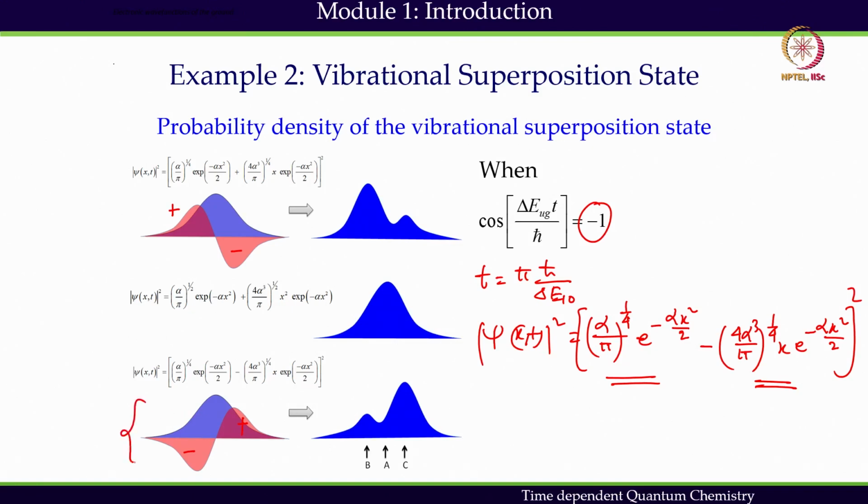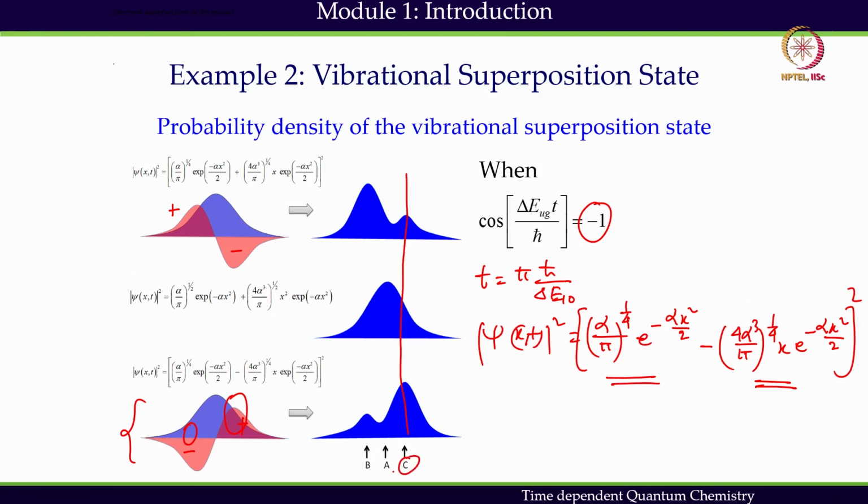This needs to be added now, and if we add them, then clearly this portion of the wave function will be magnified, and this portion will be destructively interfering, and that's why the maximum density has moved to the position C.